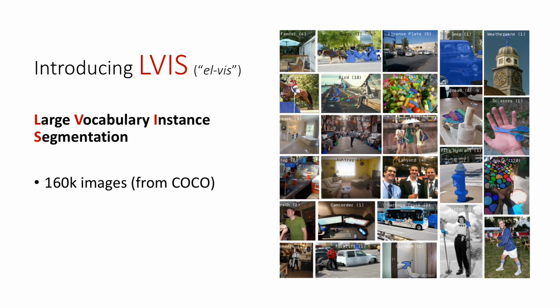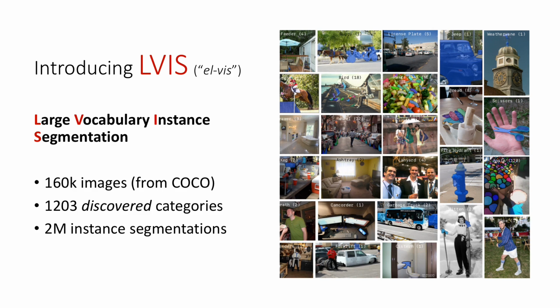LVIS now contains 160,000 annotated images, just over 1,200 categories that were discovered using the object spotting game that I showed you earlier, and just over 2 million instance segmentations. And due to the object spotting process, the dataset naturally contains a long-tailed distribution of object categories.